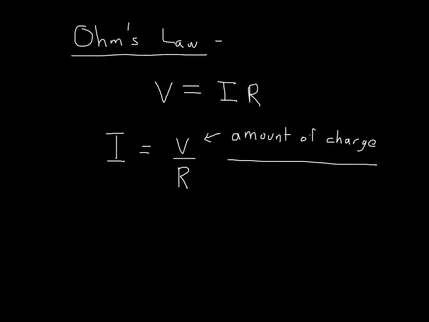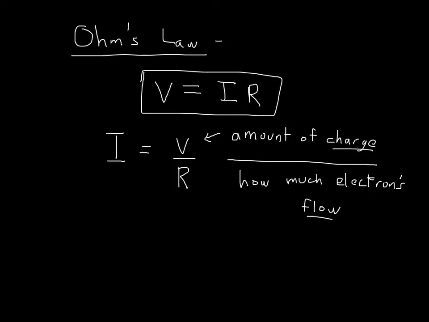Divided by R, R is how fast that charge can go, how well it's impeded, how many electrons flow. So it's kind of the same thing. It's kind of the amount of charge divided by how fast they flow. So it's the same basic idea. Very important physics equation to memorize, V equals I times R.